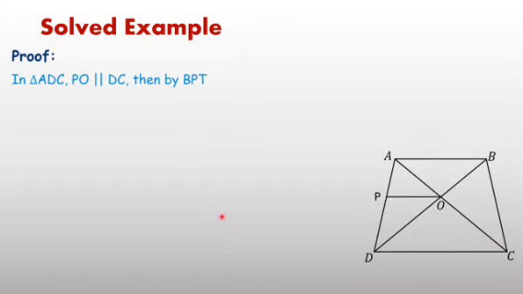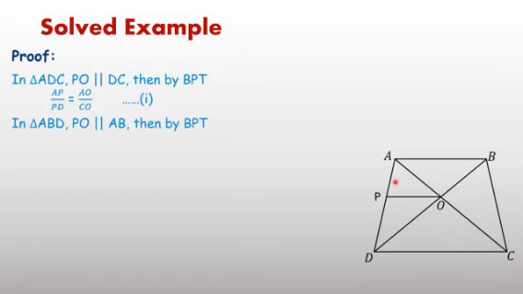Now the proof. In triangle ADC, PO is parallel to DC. Therefore, you can apply BPT and write the result AP upon PD equal to AO upon OC. Equation first. Again, with PO, take another triangle. Which triangle?